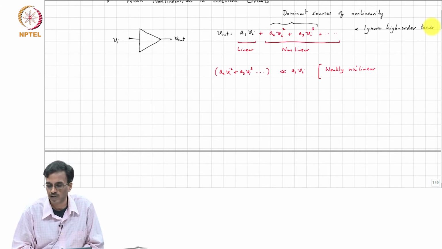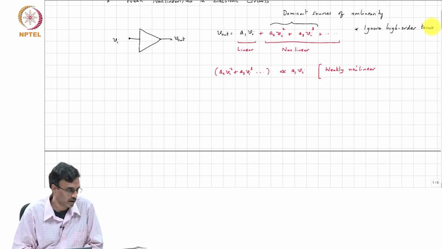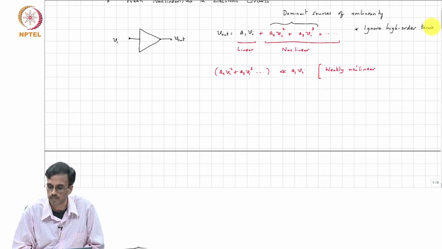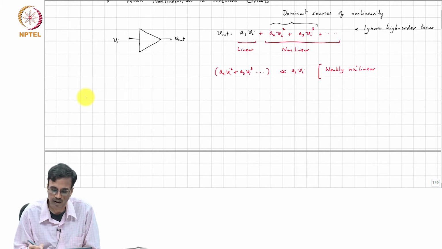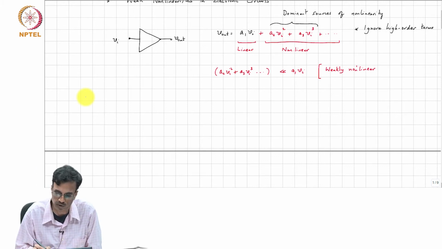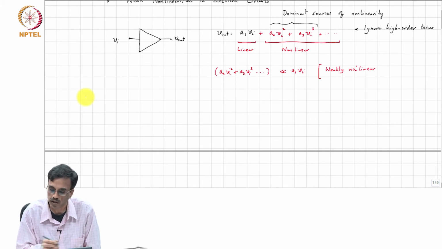If you have a computer, of course, you can take as many terms as you want. Now, the first manifestation of nonlinearity is that it creates tones which should otherwise not be around.